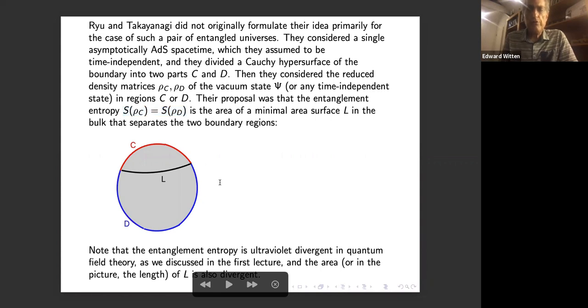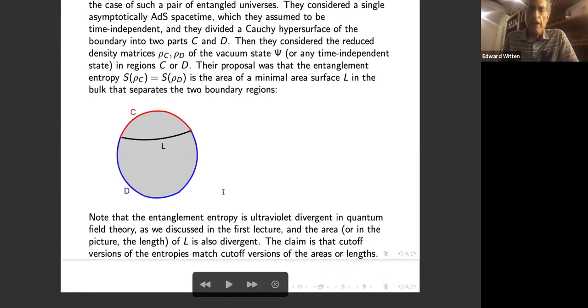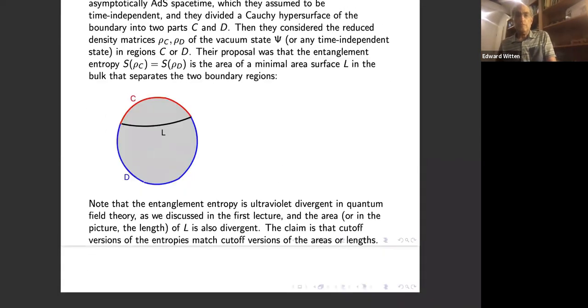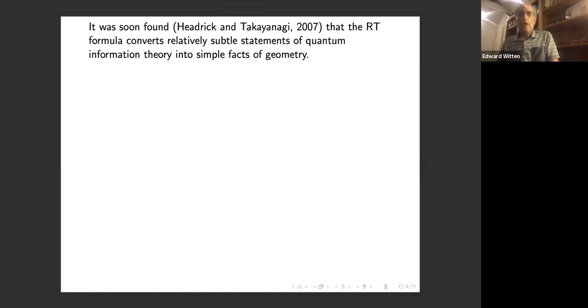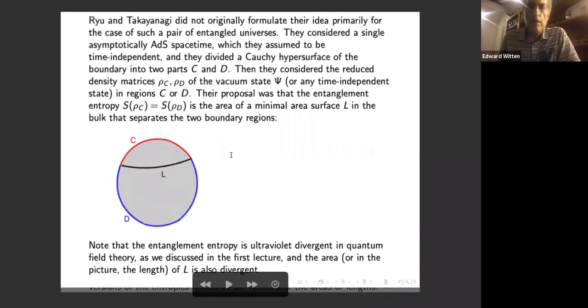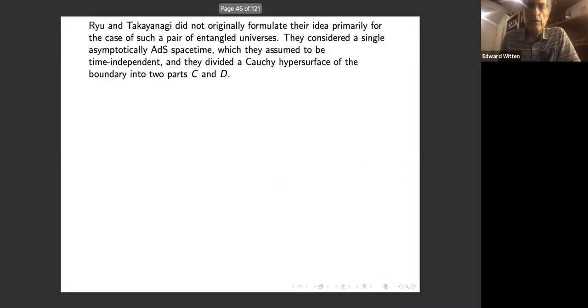And part of the story of Ryu and Takayanagi is that the divergence of the length matches the divergence of the entanglement entropy. The claim is that the divergences match, and cutoff versions of the entropies match cutoff versions of the areas or lengths. Now, this was the original formulation of Ryu and Takayanagi, and it took a number of further steps before it was natural to think in the way that I used in motivating it.